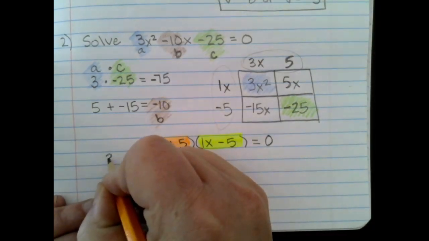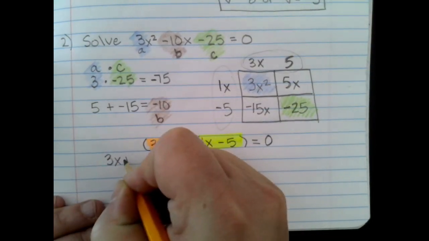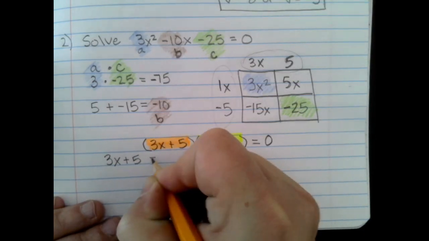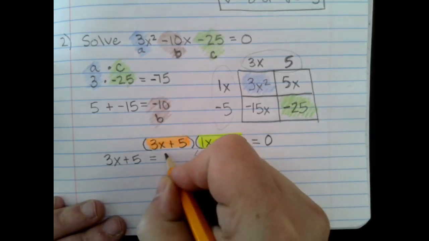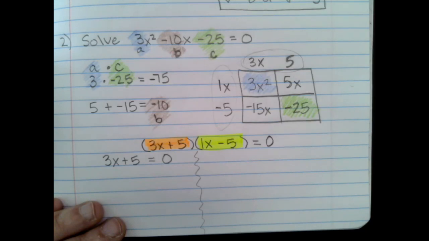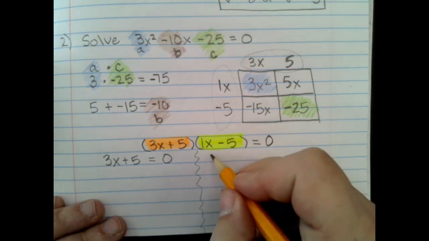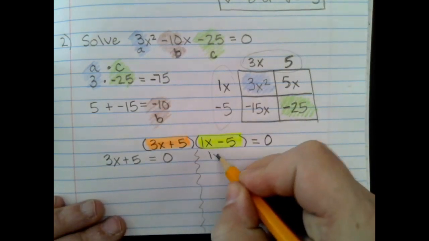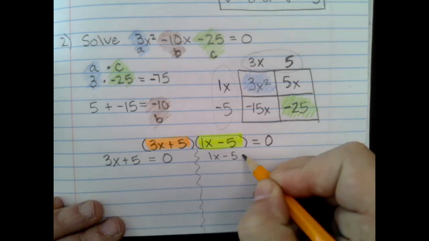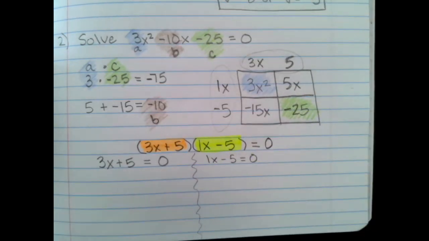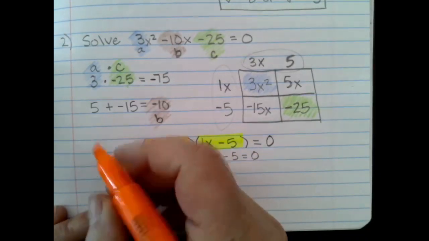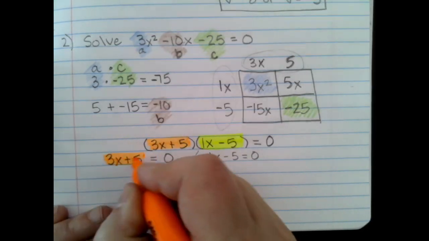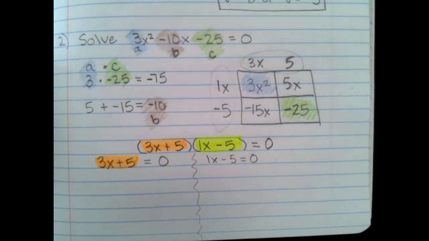So 3x plus 5 equals 0. That's our first part. Or 1x minus 5 equals 0. And then we solve each of those.